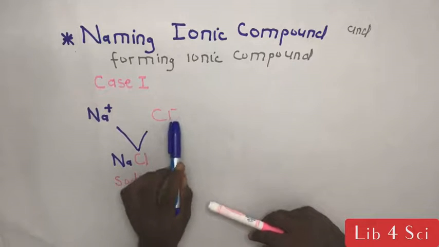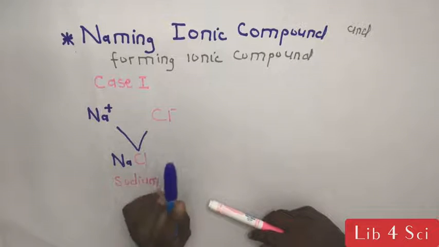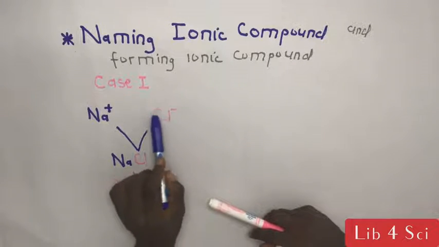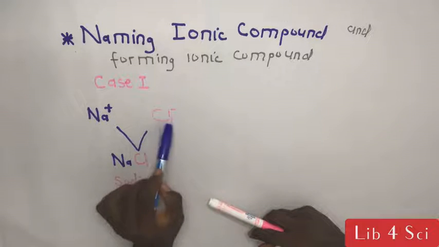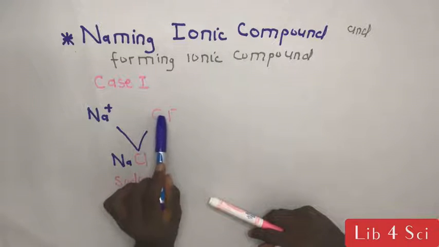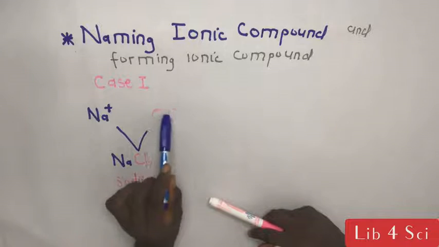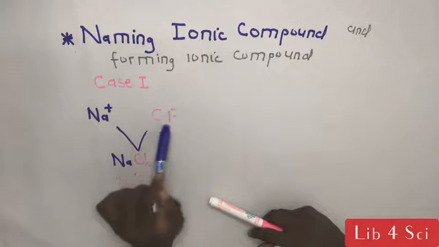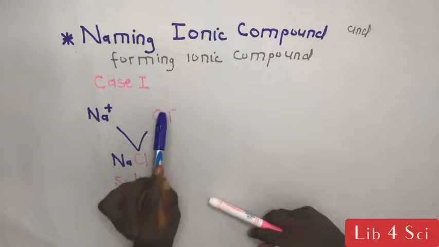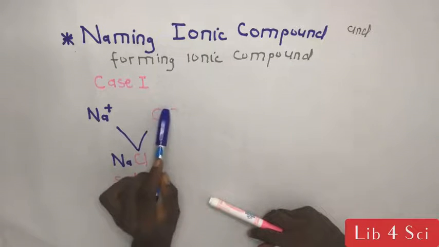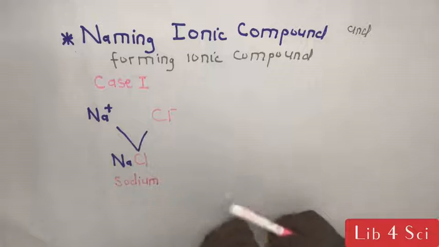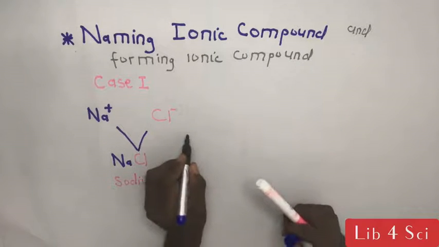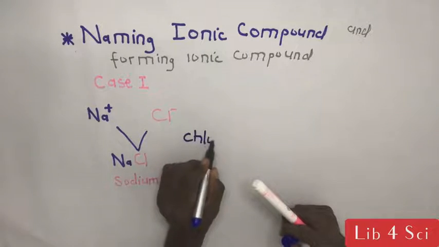We see that our anion here is 1 atom. So to come up with the name of this anion, we must first ask what element has this particular symbol. This symbol is chlorine, and this is the spelling of chlorine.